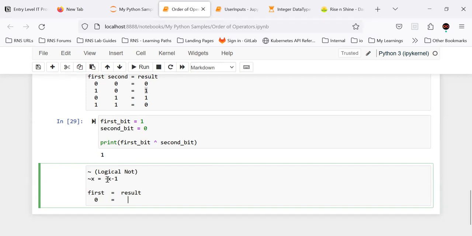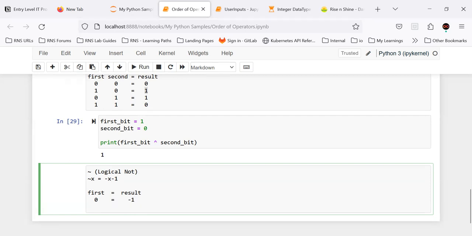So 0 here, minus 0, minus 1. What is the value? Yes, that is going to return minus 1. Suppose I give 1, what is the value of this one? So minus 1 and minus 1, that is minus 2.